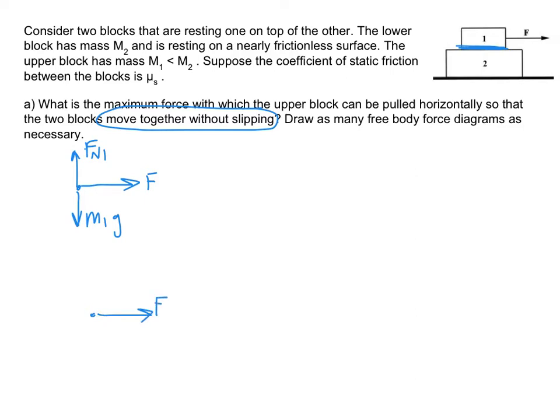So that's our F sub F. And if you want to put S on there to remind you that it's static, you can do so. That force is our backward force on the top block. So we'll just call it the same thing, F sub S.